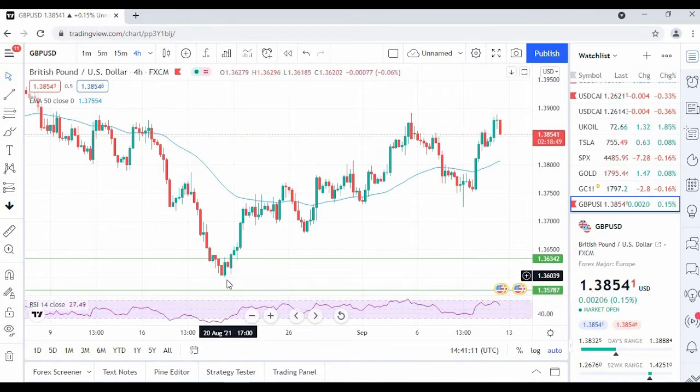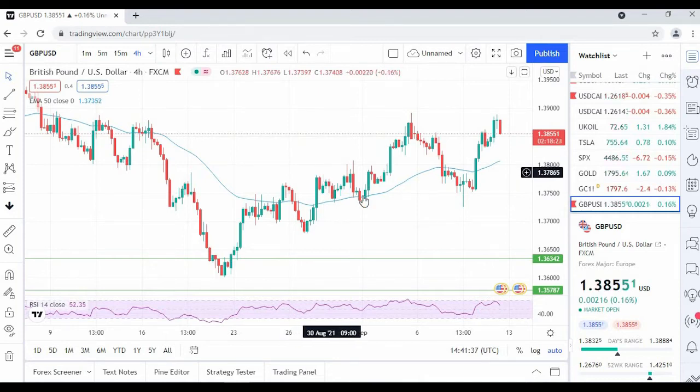Right here, if you notice, the market came down to this point. The market moved up, and right here is regarded as a higher high. The market moved down, and right here is regarded as a higher low. The market moved up again, higher than the previous high, which is another higher high.